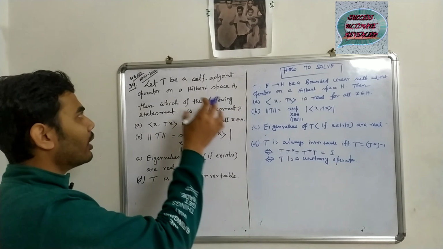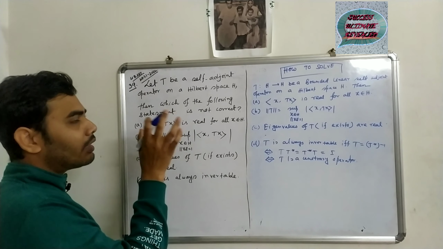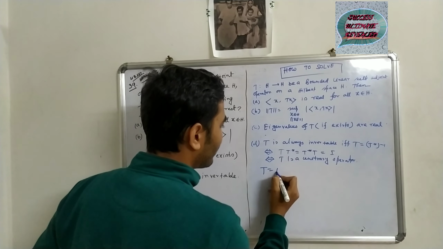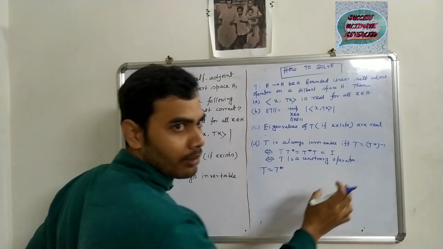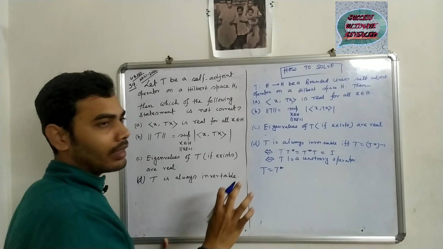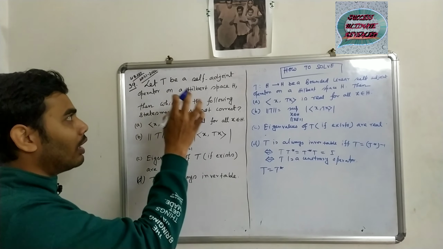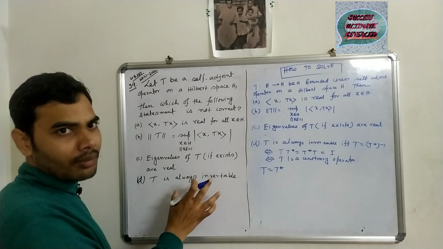But when you look at the problem, it says that T is only a self-adjoint operator. So the problem says T equals T star. The problem doesn't say that T equals T star inverse. Clear? So this does not imply that T is always invertible. If the problem had given that T is a unitary operator, then T would always be invertible.